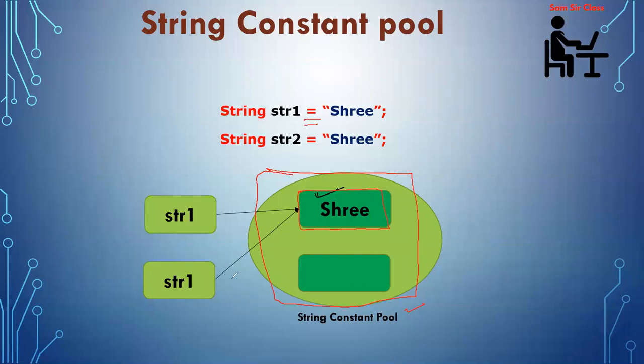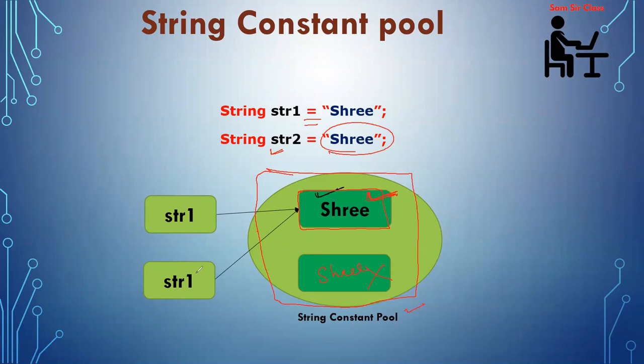Now coming to the next statement. Whenever the second string object is created, JVM first searches the string constant pool to see whether an object with the same content is already available or not. So what do I want to store? Sri. Sri is already available, so it will never allocate a second memory to store Sri. Clear?